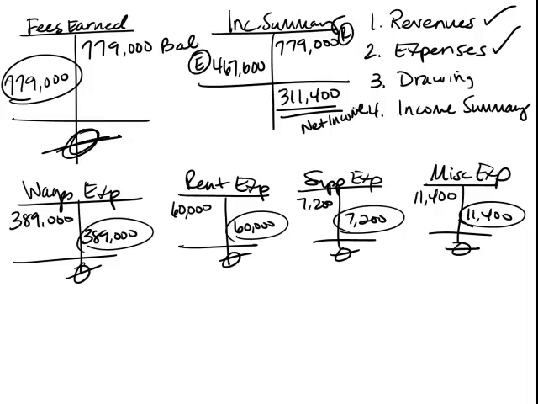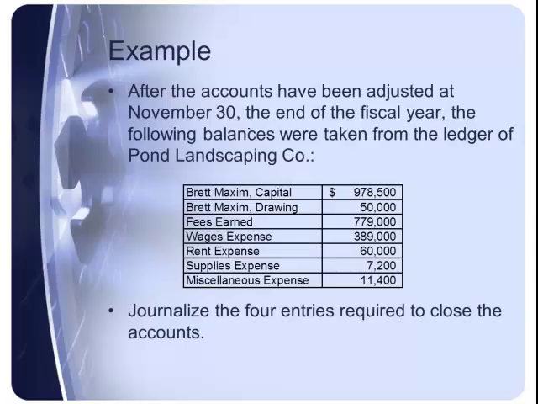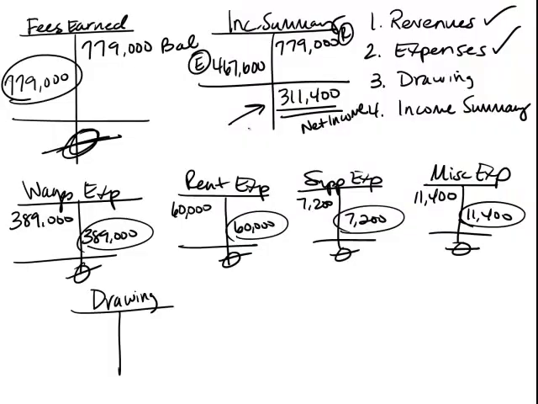Okay, so now our revenue accounts have zero balances, expenses accounts have zero balances, the drawing account. Let's clear it out, and then we'll come back and deal with that net income or that income summary balance. Drawing, $50,000. Is that a debit or credit?